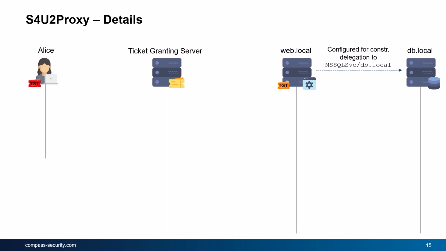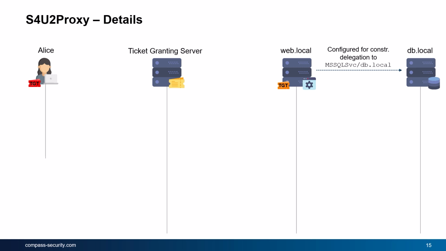Let's look at a bit more detailed view on how this actually plays out. So the starting situation is, again, as we've seen before, we have Alice. Alice has already gone through the process of acquiring a TGT, since this is not part of the delegation process itself. We then have the ticket granting server that will issue service tickets.